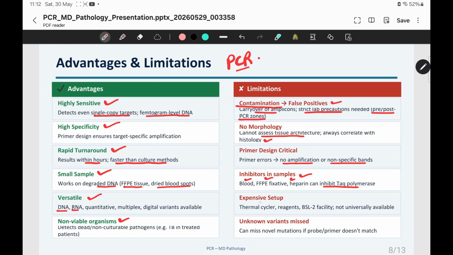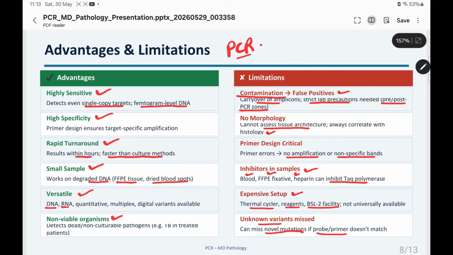This process needs an expensive setup, which requires thermal cycler, reagents, BSL2 facility, so they are not universally available. By this process, some novel mutations or unknown variants can be missed if probe or primer doesn't match each other.